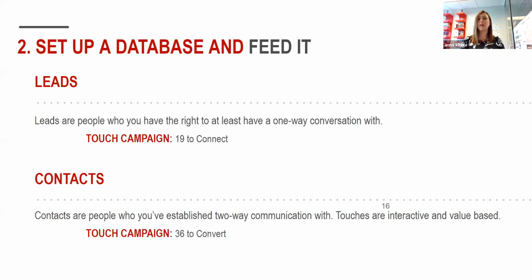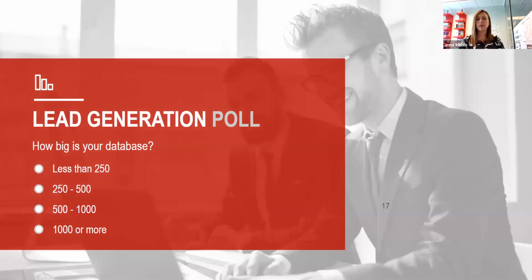Yes, please set me up an automatic MLS search for the homes that I've been looking for, right? Those can be the events that trigger someone to move from a lead to a contact. Essentially, a lead isn't communicating back with us, and as soon as they do, it paves a pathway for consistent two-way communication.